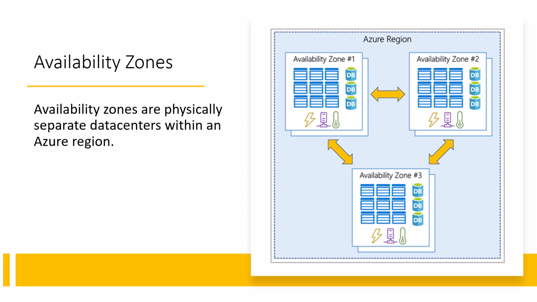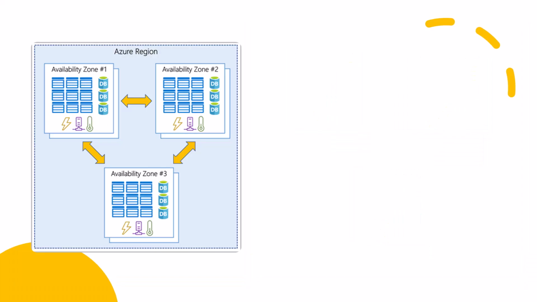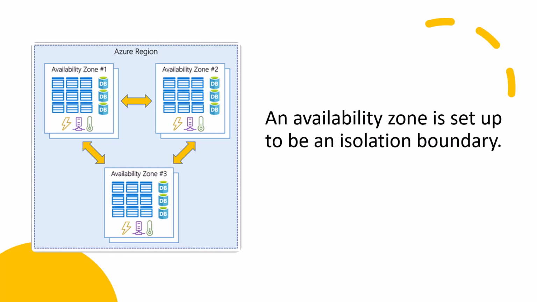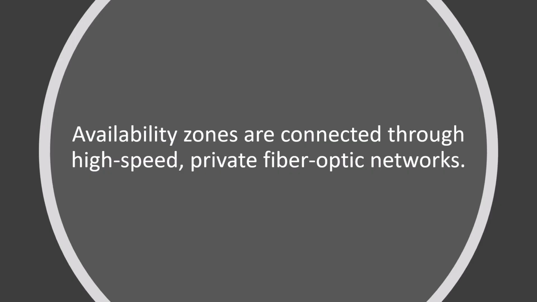Each one of these availability zones is made up of one or more data centers that are equipped with their own independent power, their own cooling, and their own networking. An availability zone is set up to be essentially an isolation boundary. This means that if one of the zones goes down, the other one continues working. These availability zones are connected through high-speed private fiber optic networks.